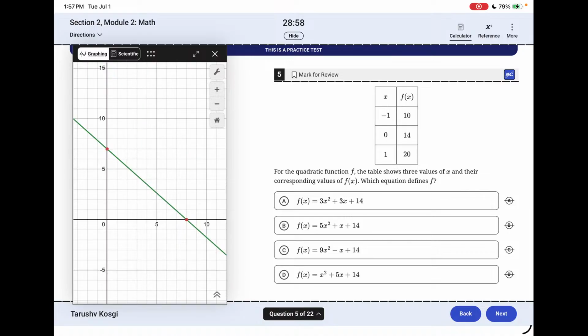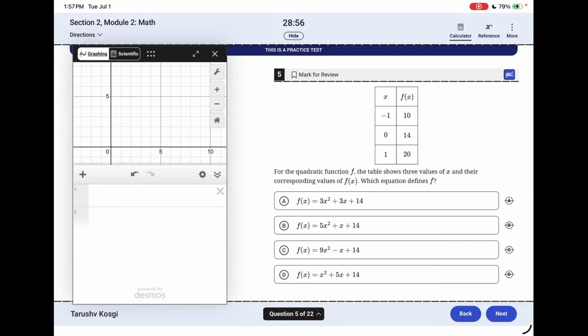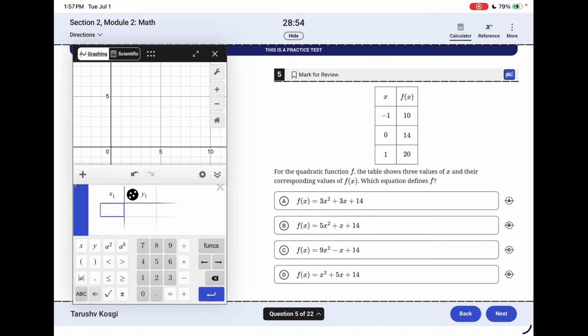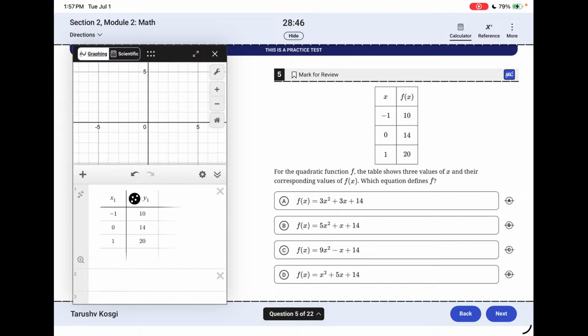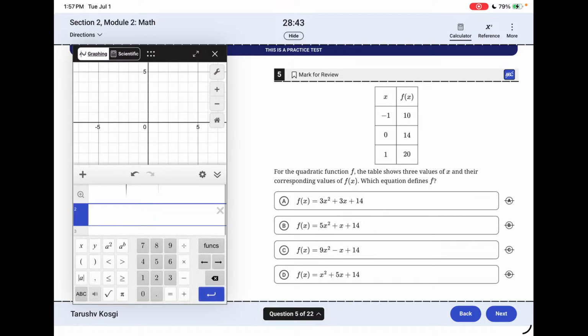Add in the table -1, 0, 1, 20, 14, 10. Okay, then we just simply go in y approximated to m of x1 to the a1, right?